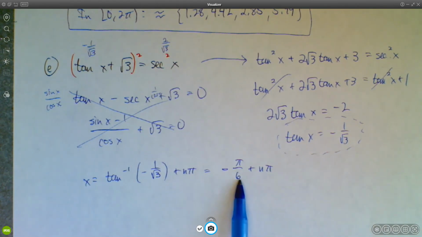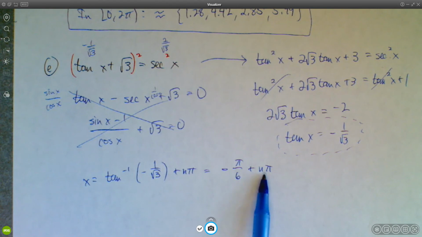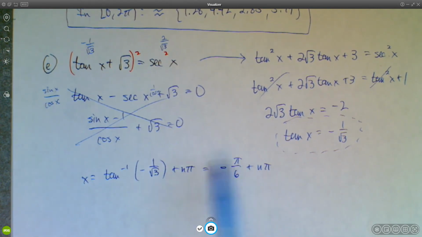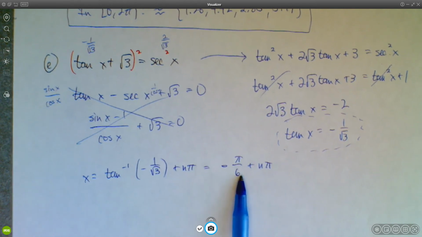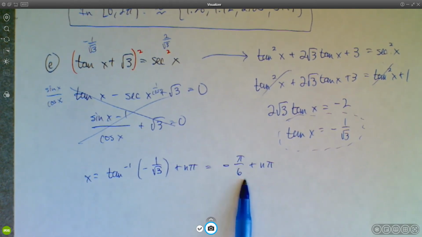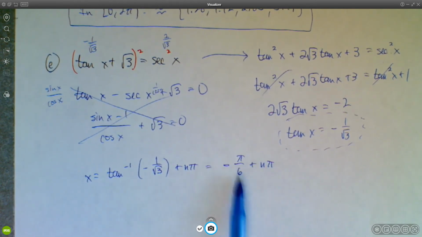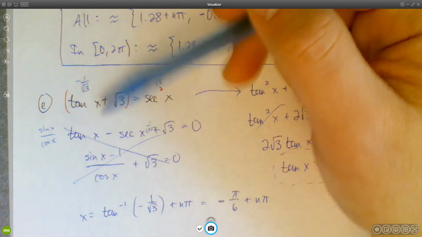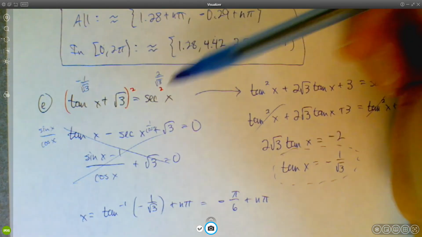I guess we could ask ourselves, this is a solution in quadrant 4, so the other solution must be in quadrant 2. We could ask ourselves if the solution in quadrant 2 also works. So maybe if we add pi, we would get 5 pi over 6, right? Tangent of 5 pi over 6 would still be negative 1 over root 3.